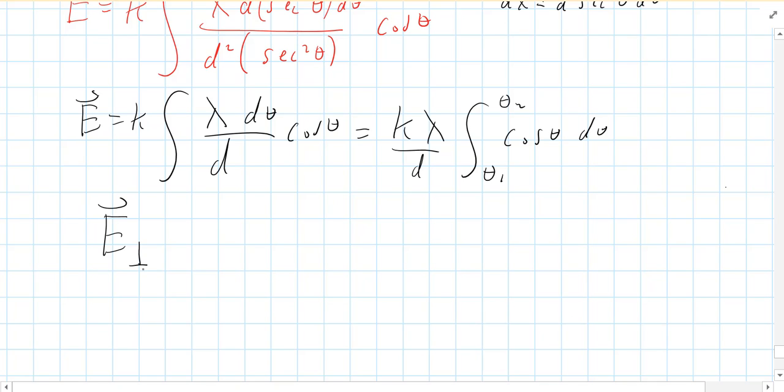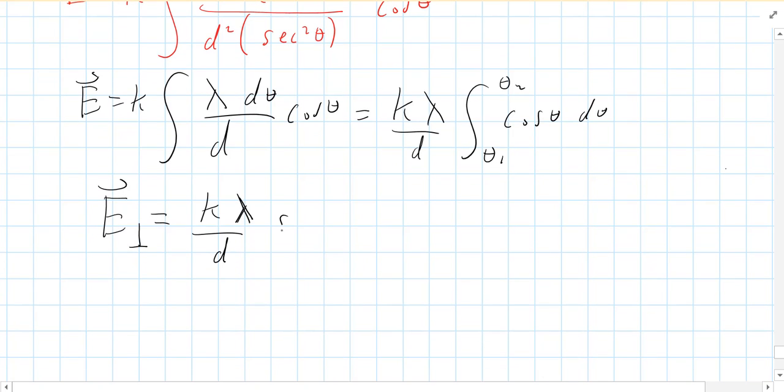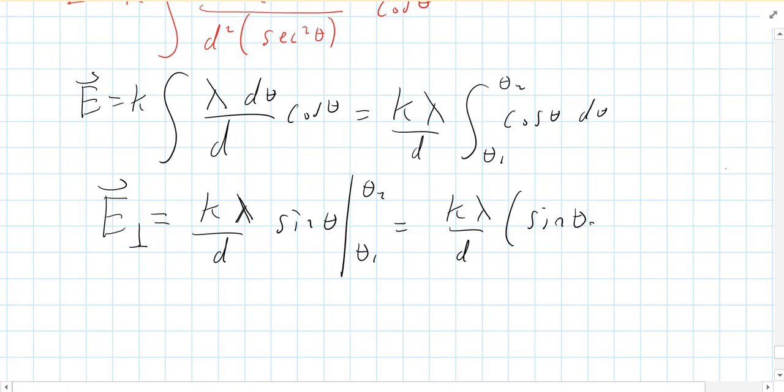For the perpendicular component of the electric field, you get k times lambda over d, times, what's the integral of cosine? Well, it's sine of theta, evaluated from theta 1 to theta 2. And if you tie this up a little bit, you get k lambda over d times quantity sine of theta 2 minus sine of theta 1.